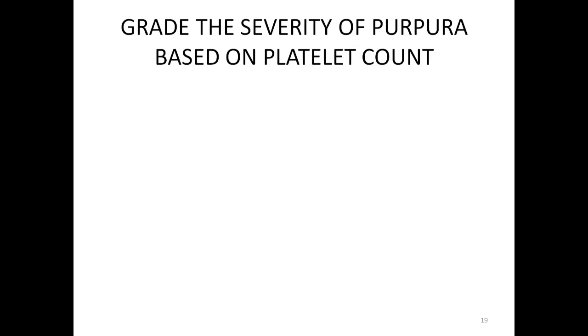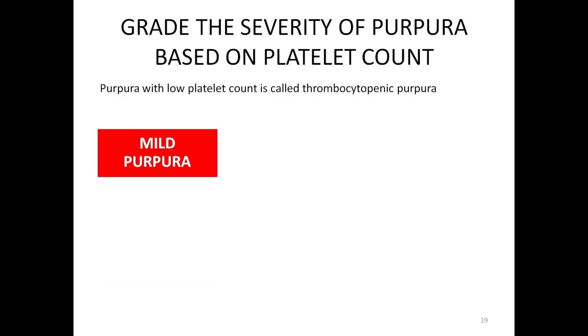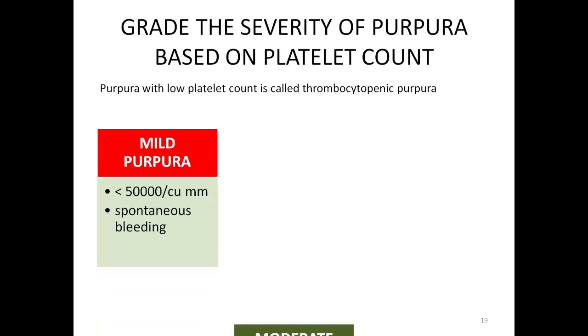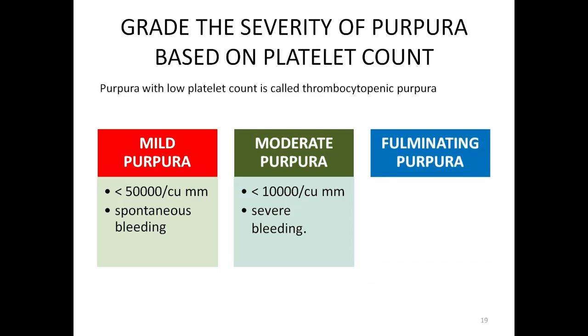Now the severity of purpura based on platelet count. How can you grade it? Okay, purpura with a low platelet count is thrombocytopenic purpura. Now there are three grades: mild, moderate, and fulminating. What is mild? That is, the platelet count is less than 50,000. In this case, spontaneous bleeding can take place.